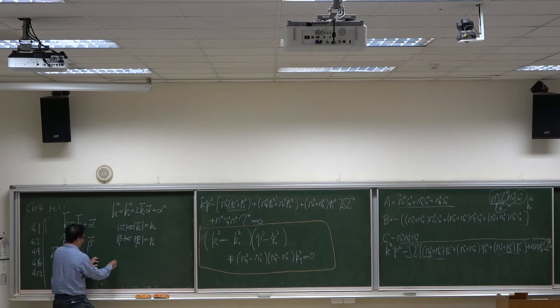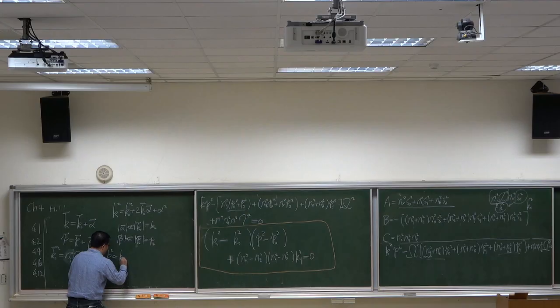So we see that k squared can be approximated as k naught squared plus 2k naught dot alpha.